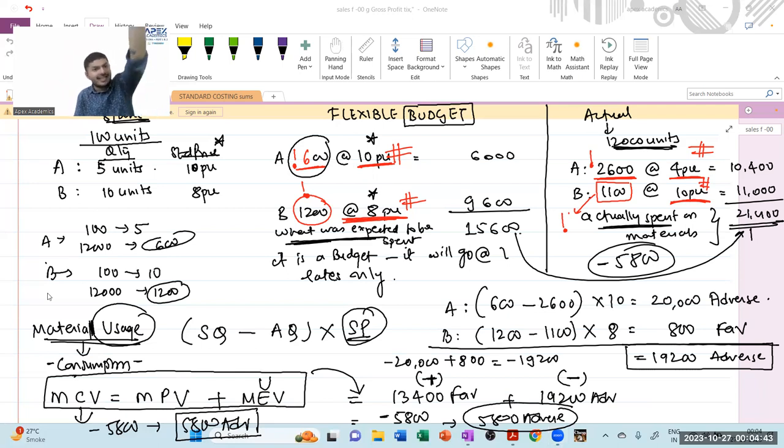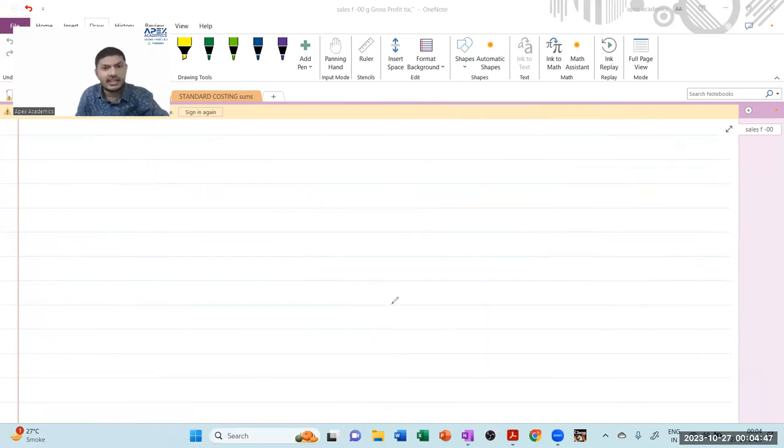Now, I'm stopping this example here so that I'm able to draw a chart. What is the chart that I'm drawing? Now here, I'm talking about direct material cost variance.